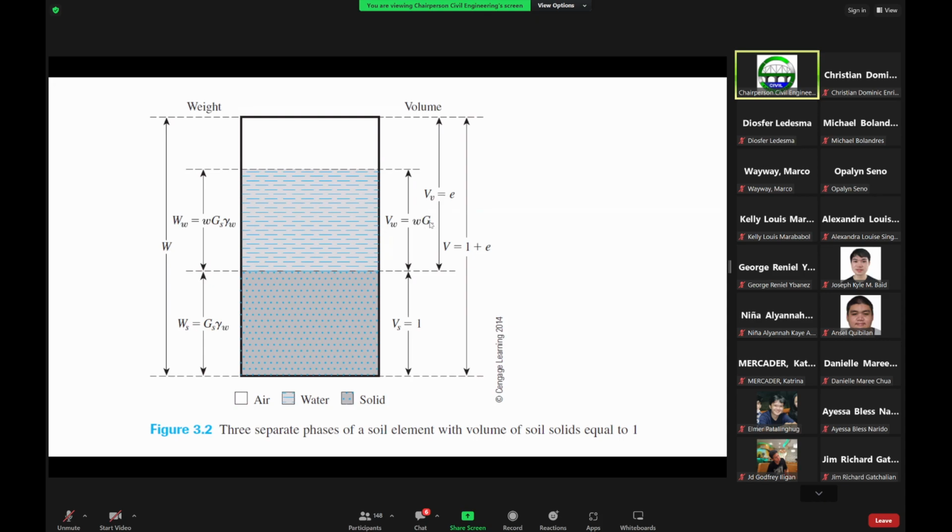Then for the weight of soil solids, that is equal to the specific gravity multiplied by the unit weight of water. And for the weight of water, that is equal to the water content multiplied by the specific gravity of the soil solids multiplied by the unit weight of water.